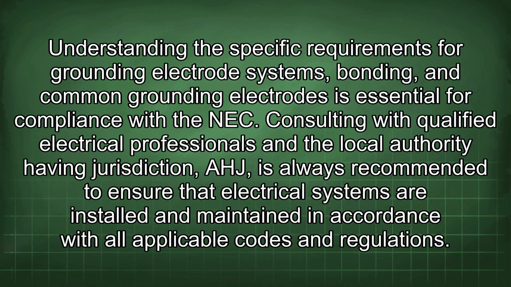Understanding the specific requirements for grounding electrode systems, bonding, and common grounding electrodes is essential for compliance with the NEC. Consulting with qualified electrical professionals and the local authority having jurisdiction, AHJ, is always recommended to ensure that electrical systems are installed and maintained in accordance with all applicable codes and regulations.